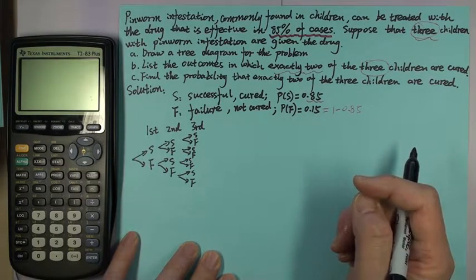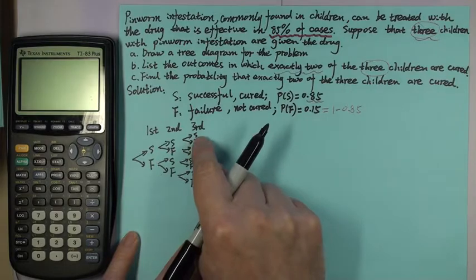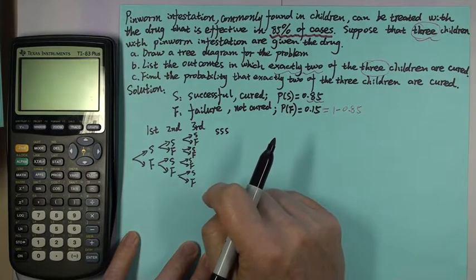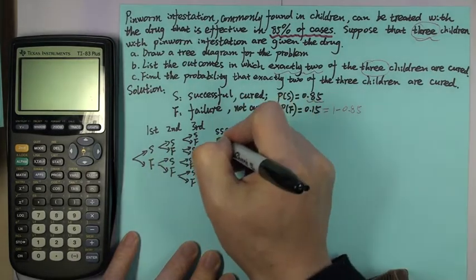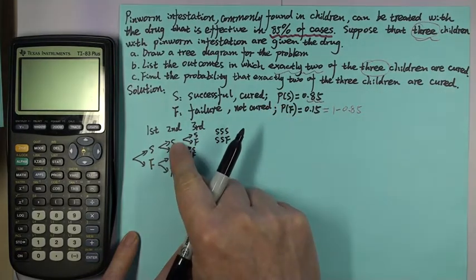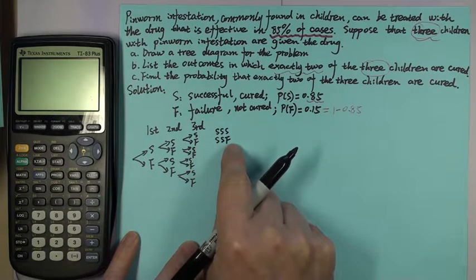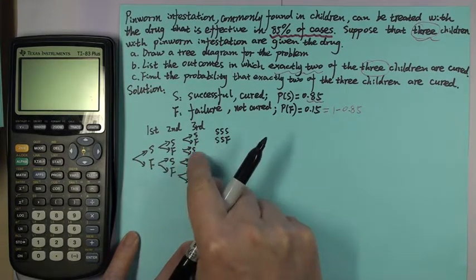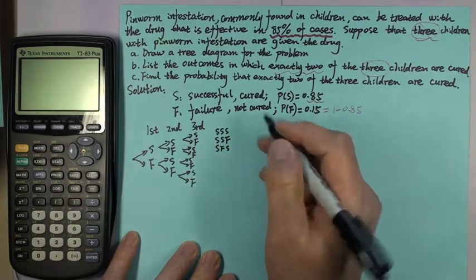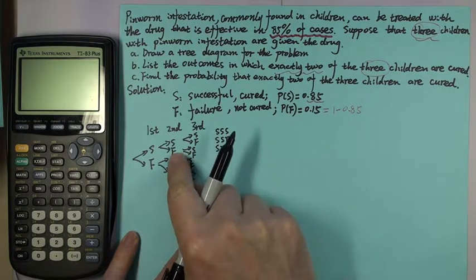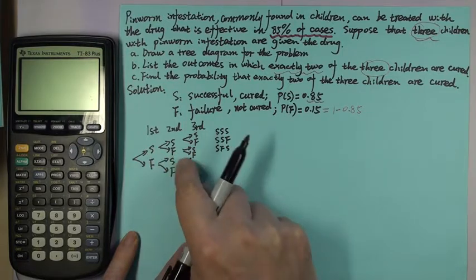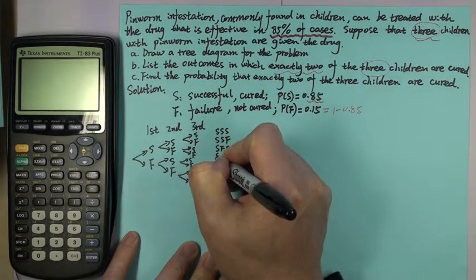How many cases? See, SSS, they are all cured. SSF, first one cured, second one cured, the third one is not. SFS, first one cured, second one not cured, the third one is cured, and then SFF.